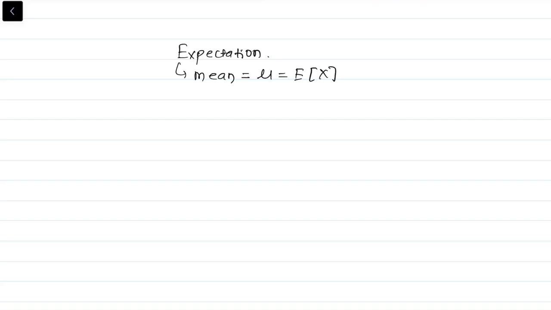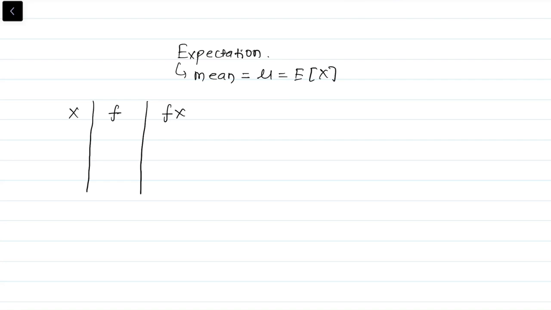Now if you remember, in high school we used to calculate mean using frequency. So there used to be 3 columns, one for X, another for frequency, and another for fx, that is the product of frequency and x.